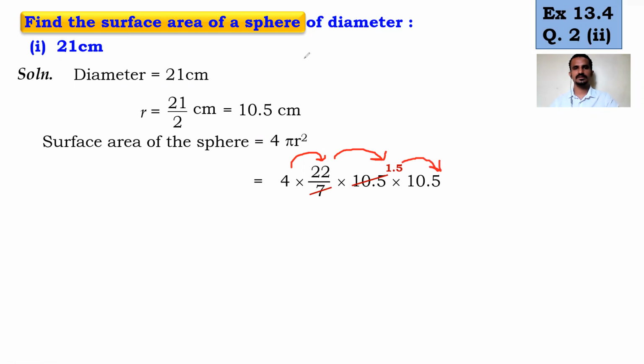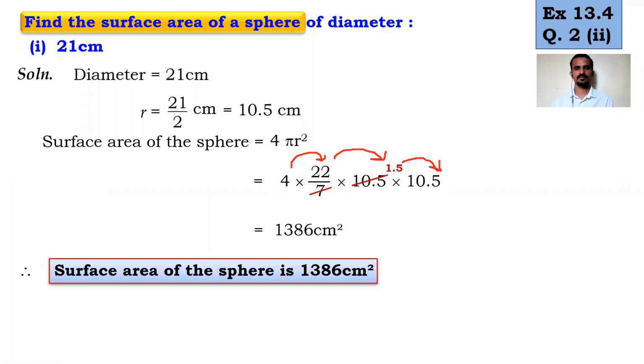Just multiply these numbers and see what is the answer we are getting. So we get 1386 centimeters square as the surface area. So the surface area of the sphere is 1386 centimeters square.